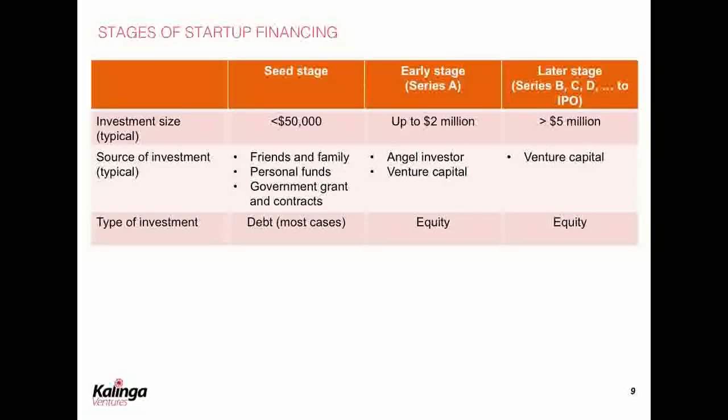They need about $550,000. For that kind of company, it might be good enough to go through one round of investment. But typically, a company goes through multiple rounds of investment. The first stage of financing is referred to as seed stage, and then it is referred to as early stage or series A, and then you can have multiple series up to initial public offer.